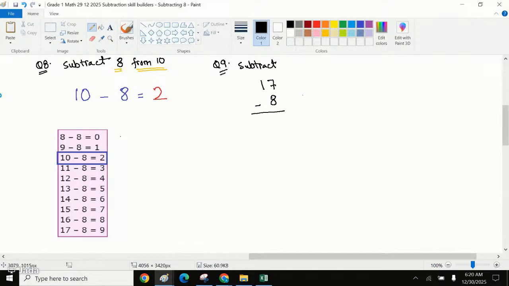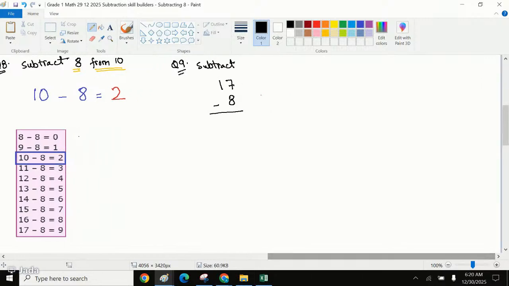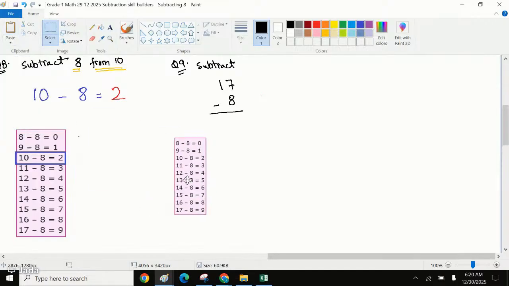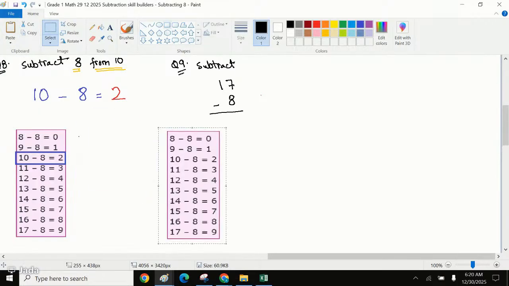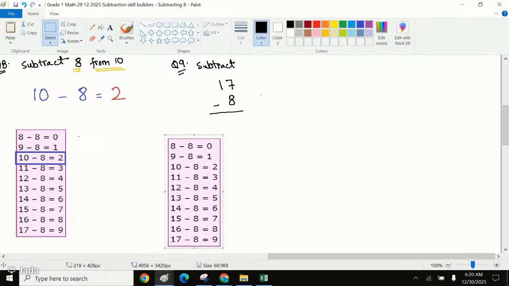So if you need to remove 8 from 17, let's see how this can be done. Okay, the first method is, we have the grid with us, right? So in the grid, we can see what is 17 minus 8. We need to find 17 first. Let's try to find 17. Oh, 17 is at the end. 17 minus 8 would be left with a 9. So our answer should be 9, right?